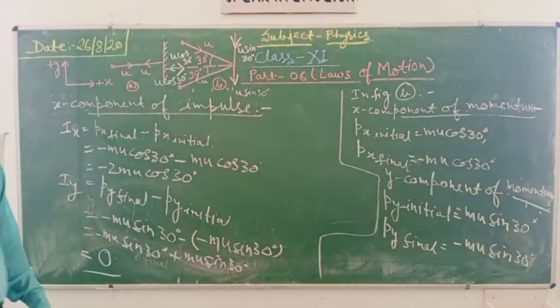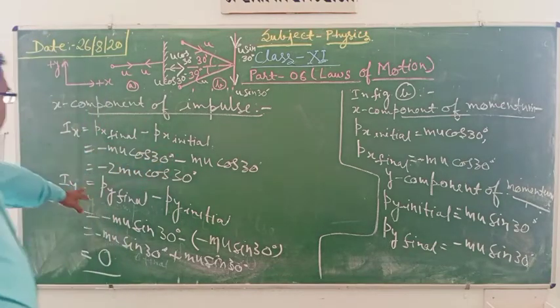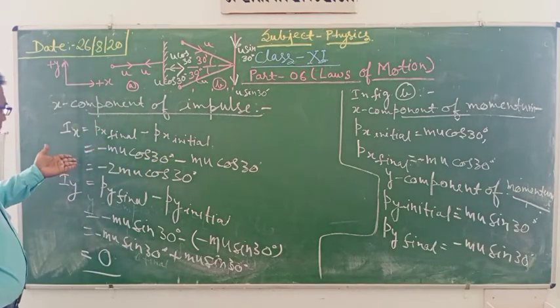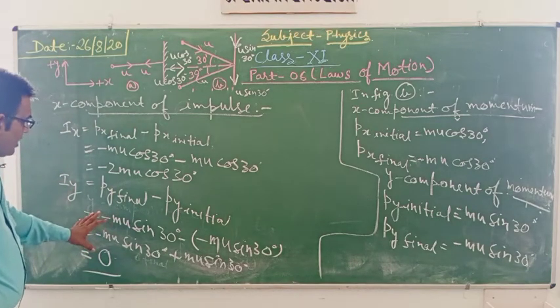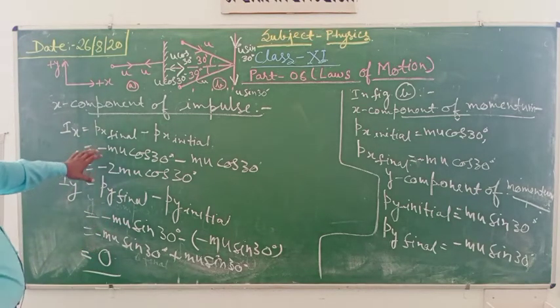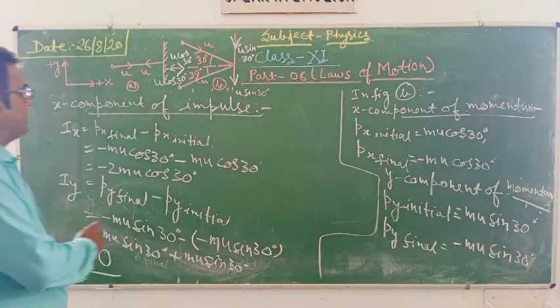So the y component of the momentum is 0. Now look here, friends. It is asked in the question what is the direction of the force. So in the second case, what is the direction of the impulse? There is no direction of impulse in the y direction. There is the direction of impulse in the x direction. So the direction of force is the negative side of the x-axis.